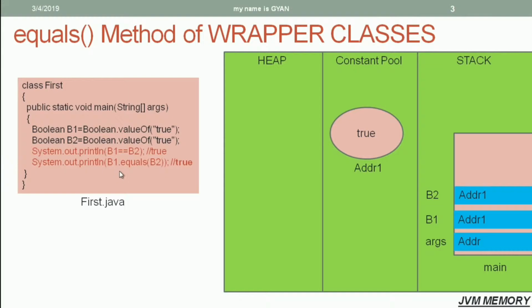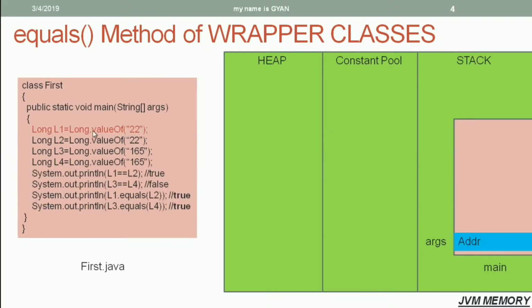Here we are comparing the content of the object whose reference is stored in b1 with the content of the object whose reference is stored in b2. Since b1 and b2 contain references of the same object, their contents are equal because we are comparing the contents of the same object. That's how in this case the equals method will return true.